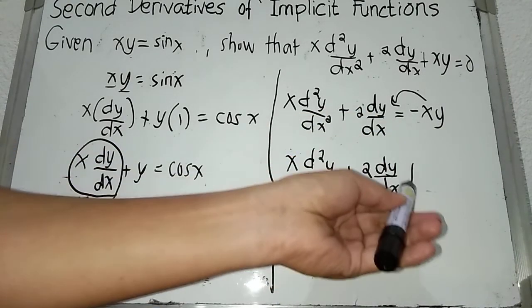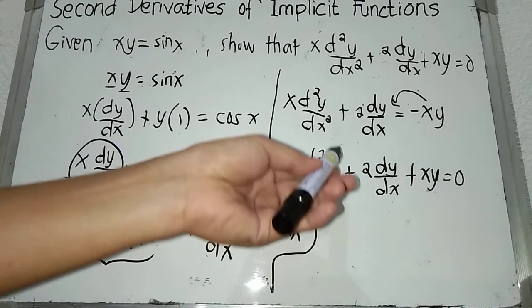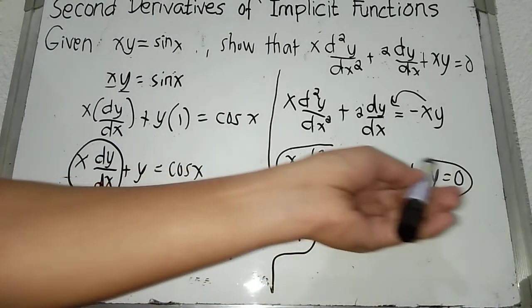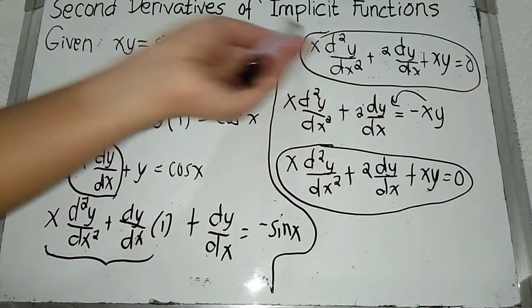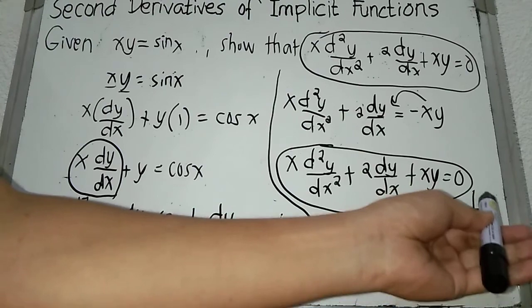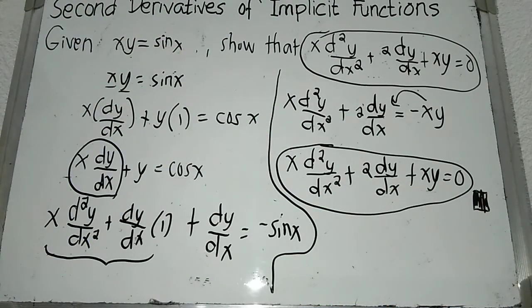From negative, it will become positive xy equals 0. What have you observed? It's actually the same second derivative that we are going to prove. The solution is now demonstrated. Thank you for watching.